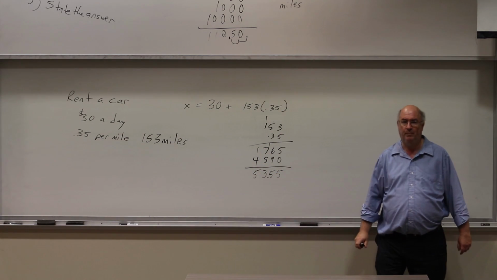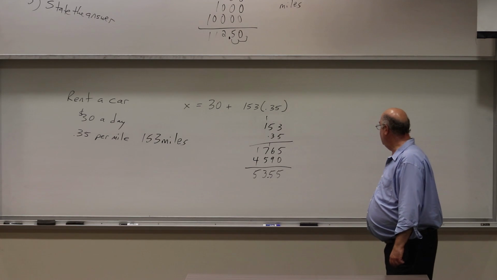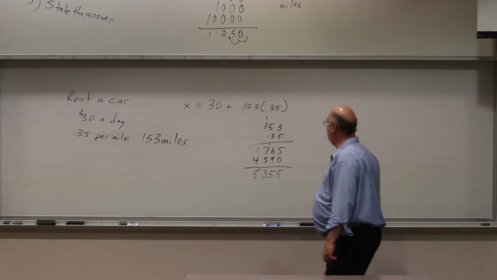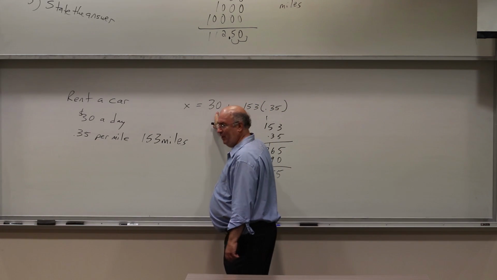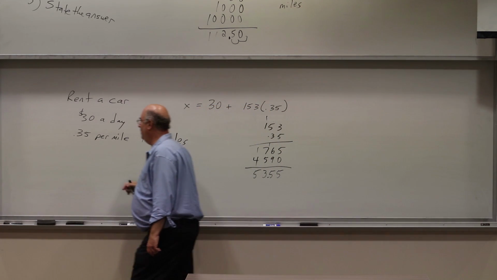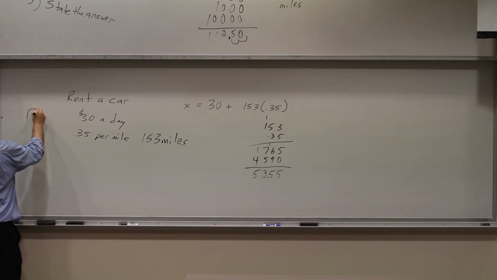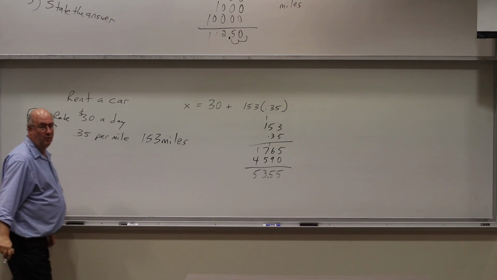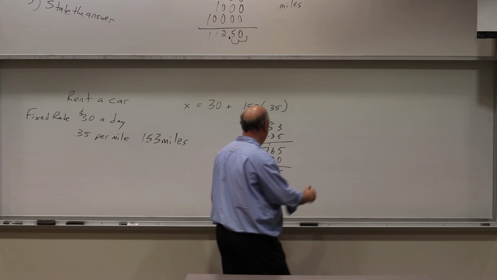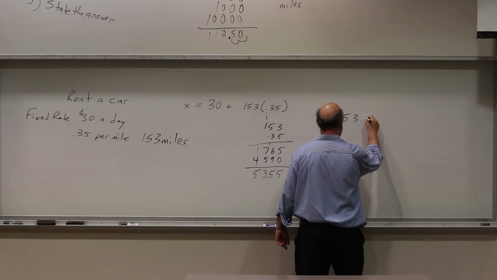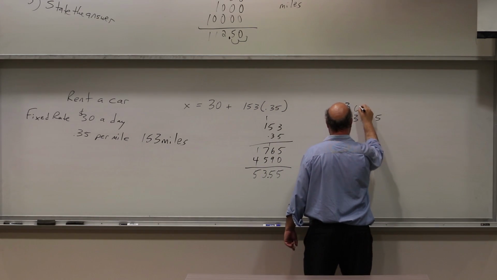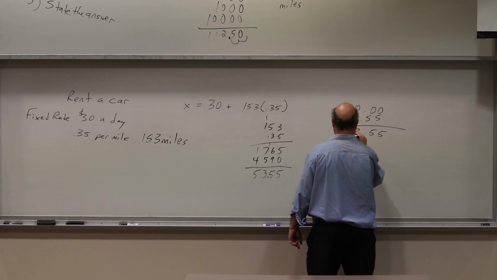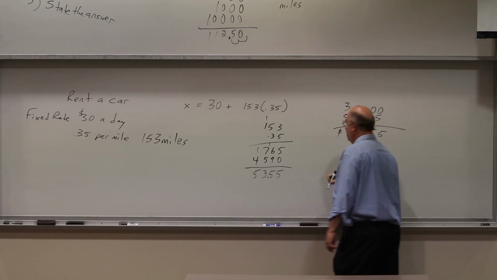All right, so for mileage, it costs $53.55. And then we have to, of course, add the flat rate of $30 a day. Fixed rate, flat rate, whatever we like calling it. Okay. 53.55 plus 30.